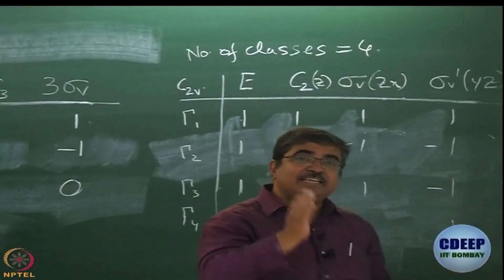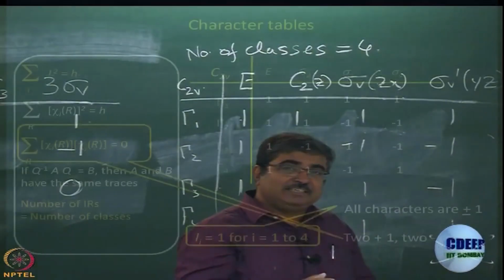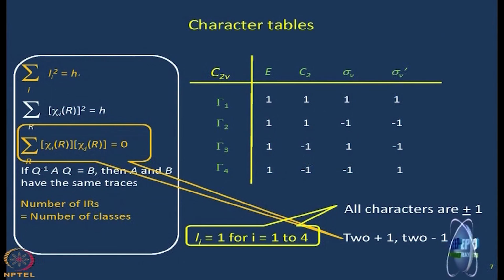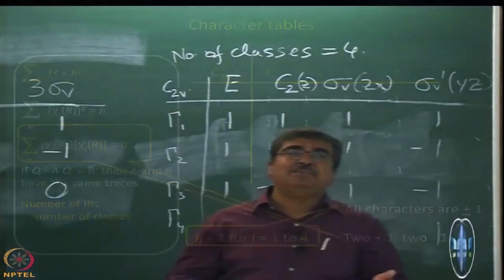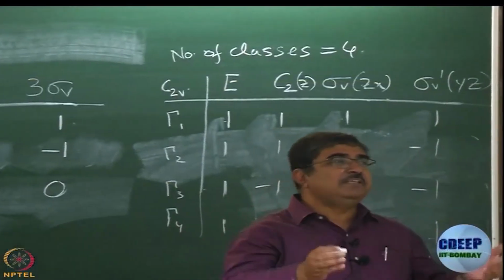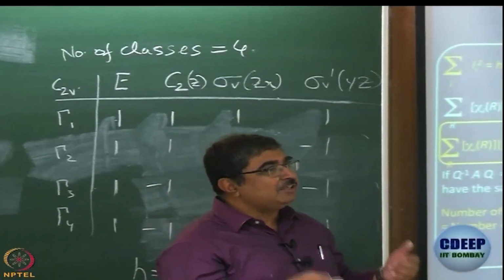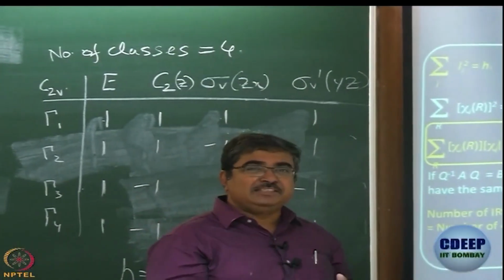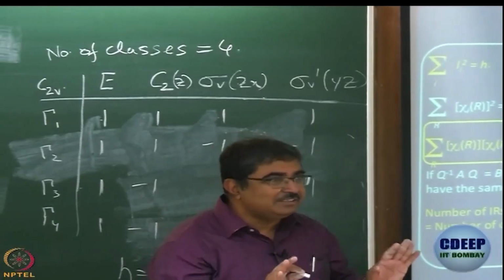What it means is that it is a reducible representation by doing what is called a proper similarity transformation. Those who are acquainted with matrix algebra would know what I am talking about here, or those who have studied a little bit of group theory. This is called similarity transformation. So, by an appropriate similarity transformation, we should be able to reduce that 2-dimensional representation into its constituent 1-dimensional representations. We do not have to do it.